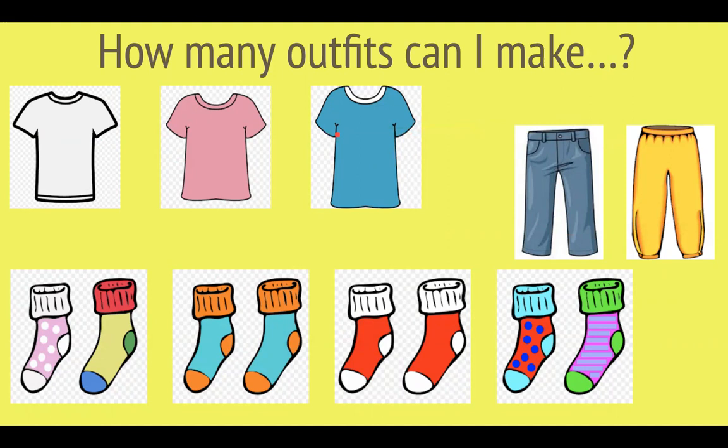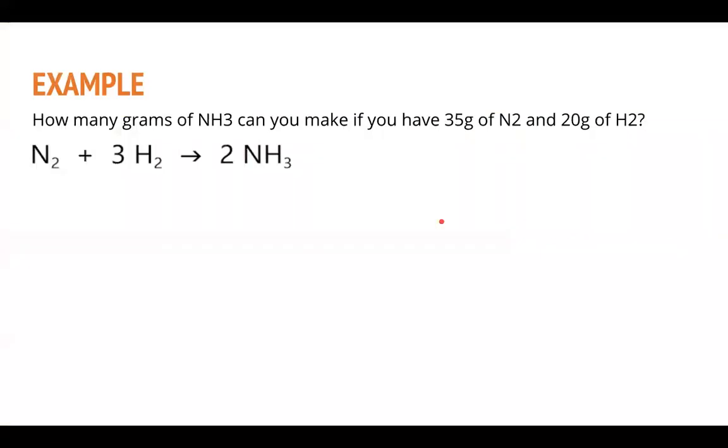So I'm going to use these 2 pants in my outfit, which means I have 1 shirt left over. Or I'm going to use 2 socks in my outfit, which means I have 2 left over. And if there are any left over after the reaction has taken place, then you know they are excess reactants. Therefore, the shirts and the socks are excess reactants. The pants are the limiting reactant.